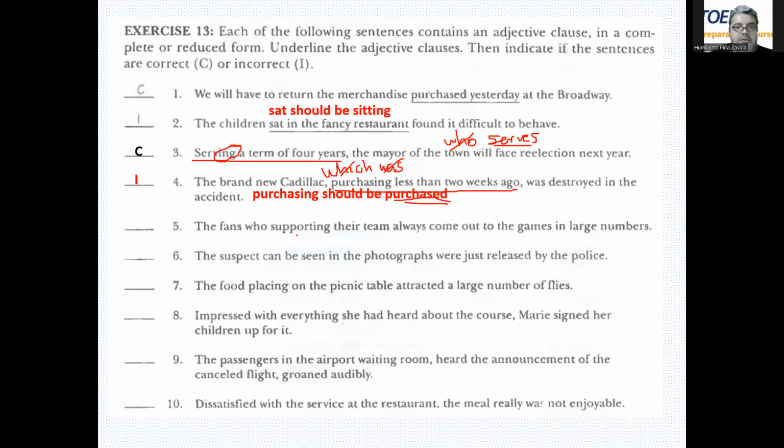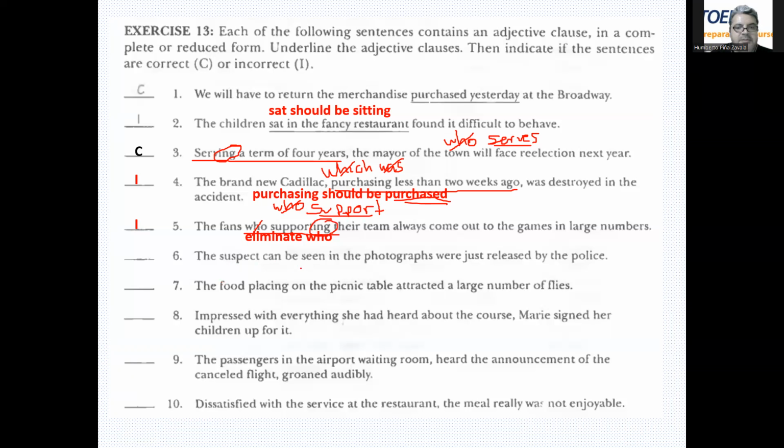The fans who supported their team always come out to the games in large numbers. Okay, so here you can see the problem. We're going to eliminate who. The fans supporting their team always come out to the games in large numbers. All right, the original will be "who support." So we eliminate who and change the main verb with ing.